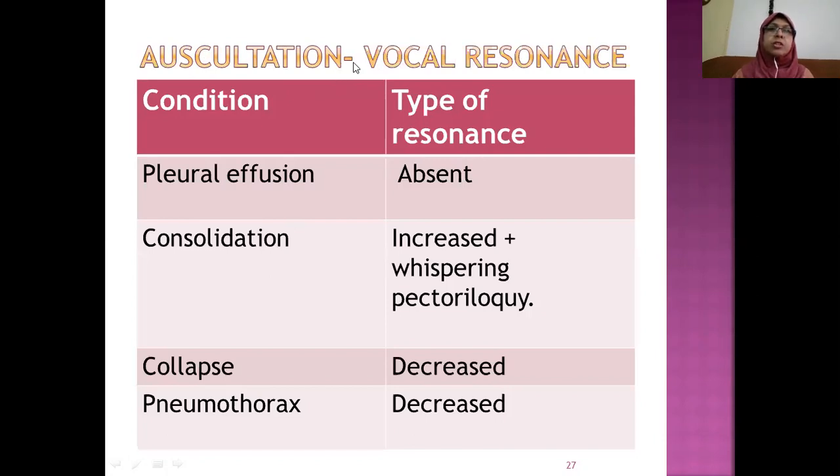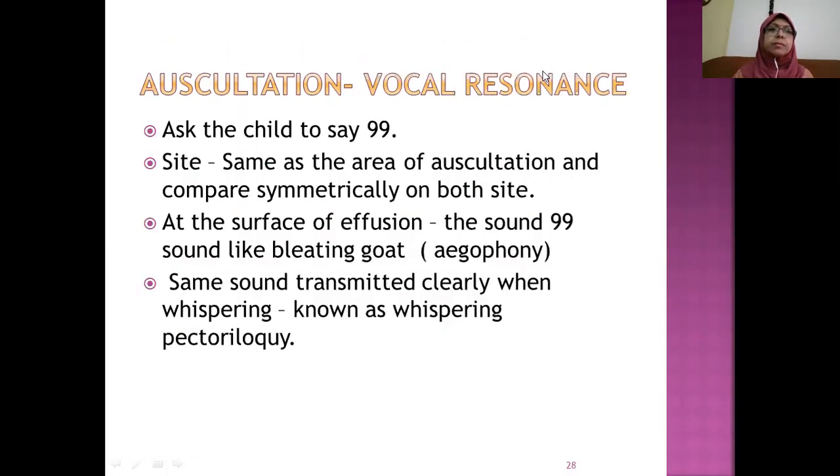And in auscultation, you have to listen for vocal resonance. Before going to that slide, how can you perform vocal resonance? Ask the child to say 99, and listen with the diaphragm of your stethoscope.